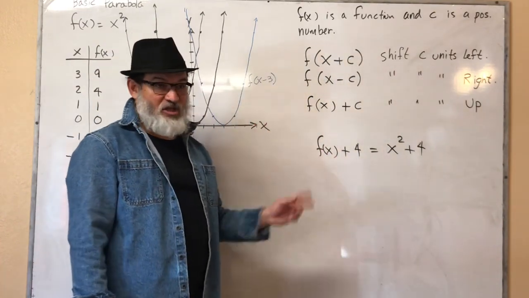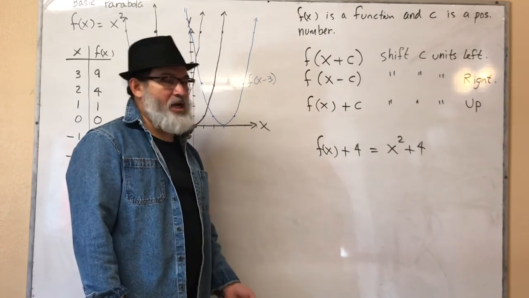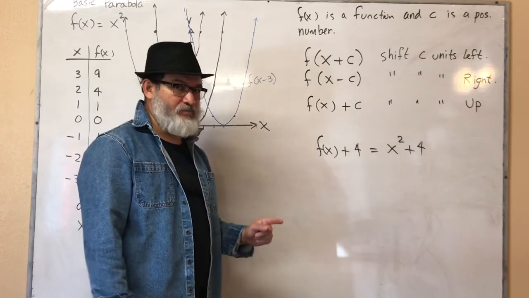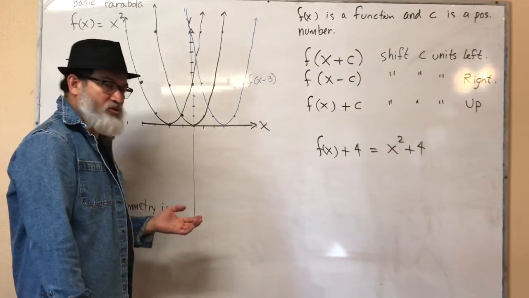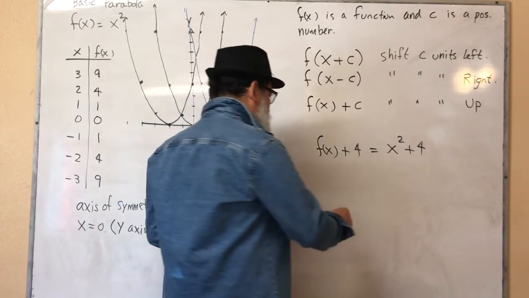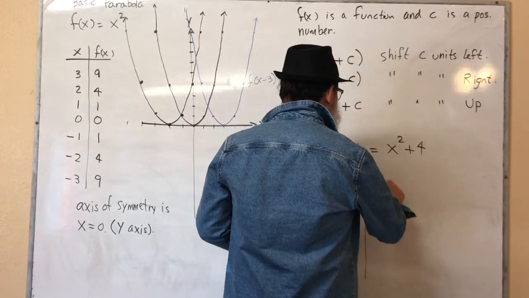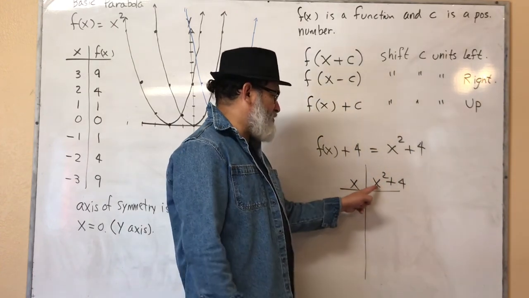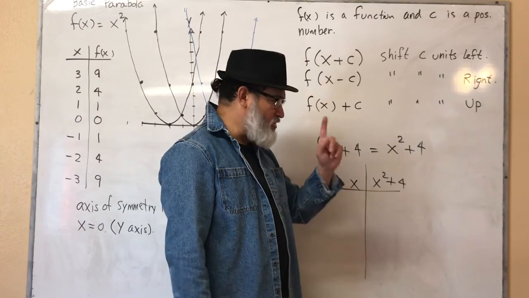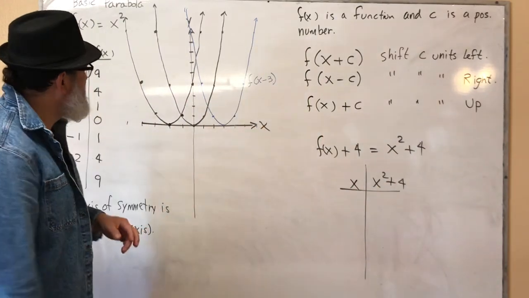This is going to shift the basic parabola 4 units up. Make a table, and you'll see that's what it does. Here, x and x squared plus 4. This is the basic parabola plus 4. Please note the difference, okay?